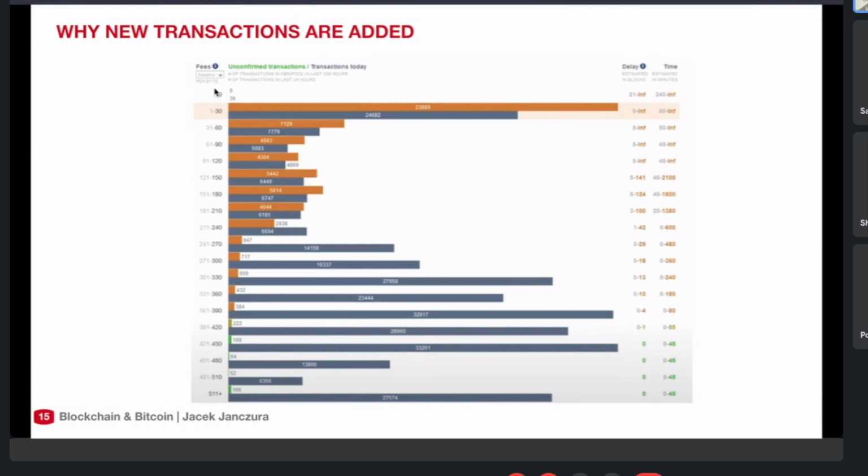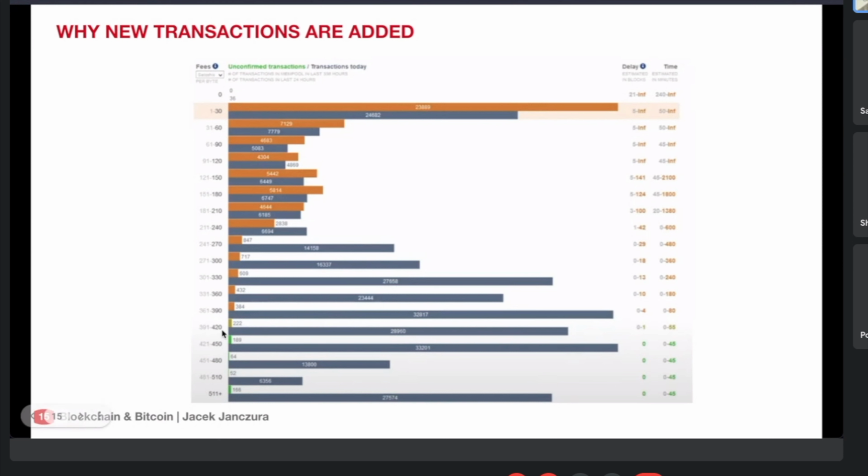So there is this graph. If the transaction fee is 0, your transaction will never be added to the blockchain. The estimated time is infinity. If you pay 30 Satoshi, it's something like 5 years. If you pay, for example, 500 Satoshi, it's almost instant.